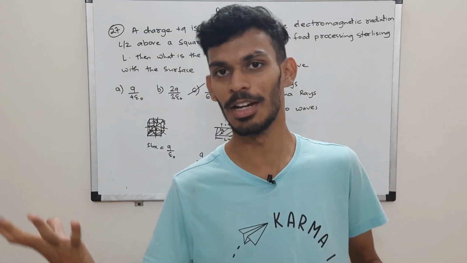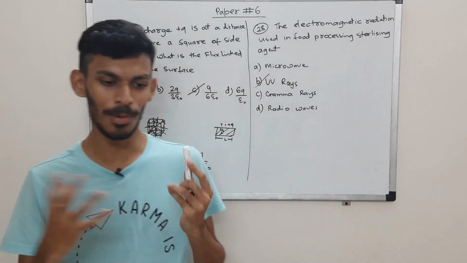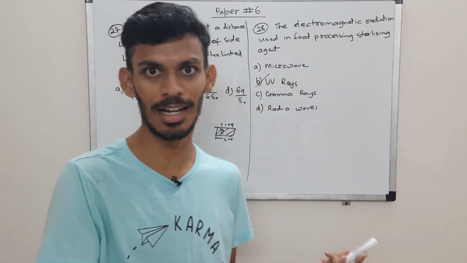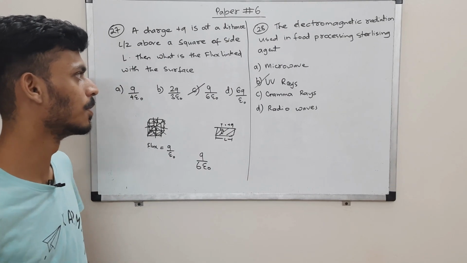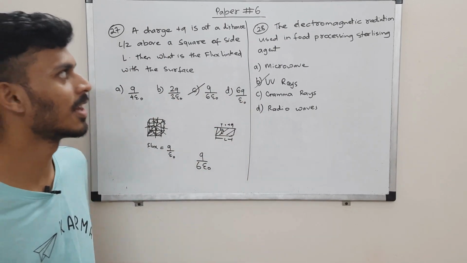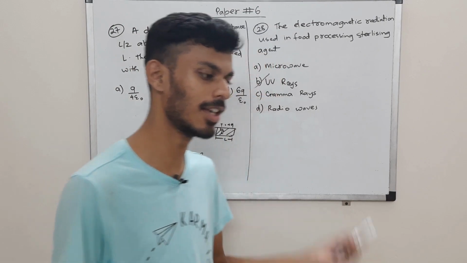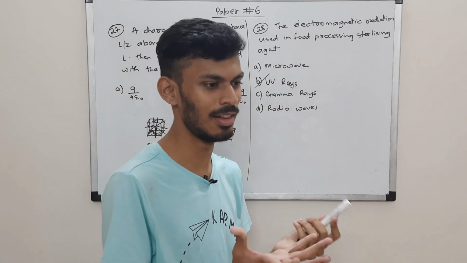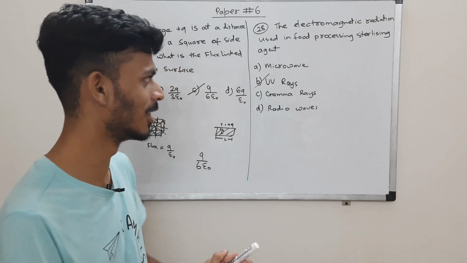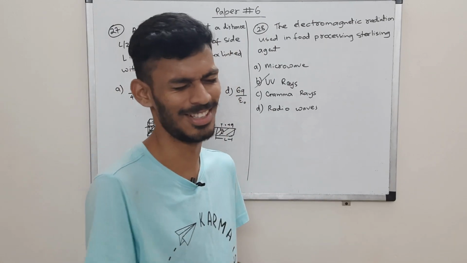There is a table in fact in your NCERT that tells you about the uses of different electromagnetic radiation, so you have to learn that by heart. Here the radiation used in food processing is UV rays, maybe because it kills the germs and the bacteria, although the dead body remains over there. What a funny thing.